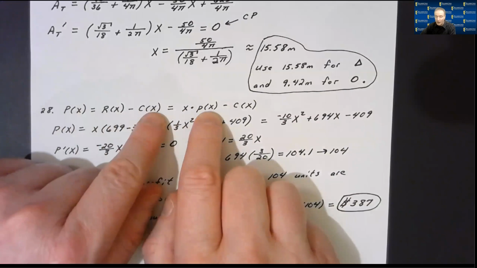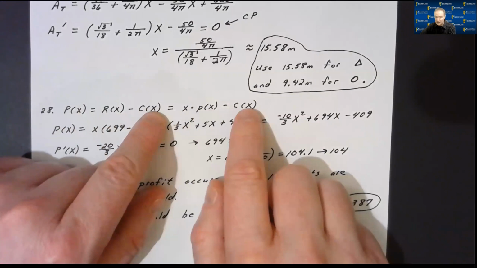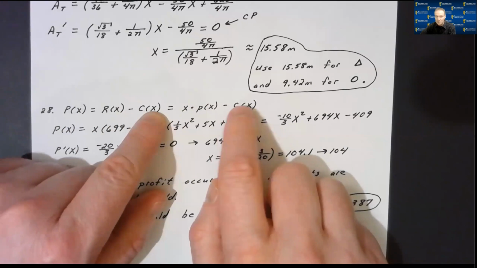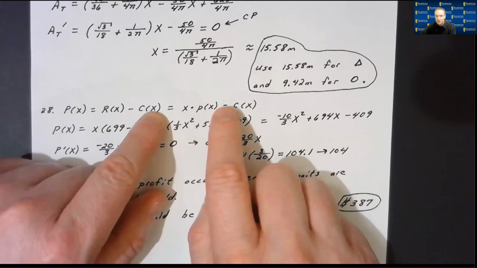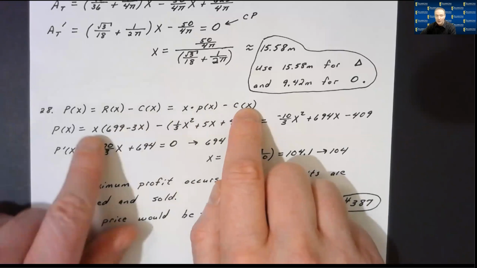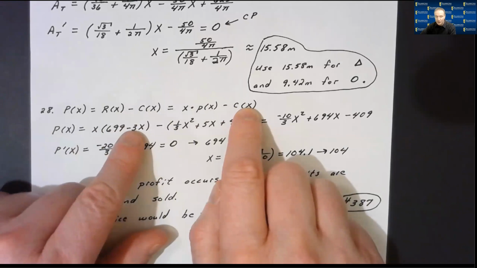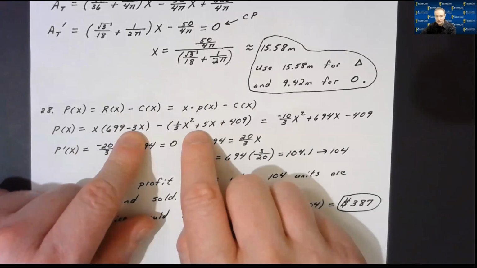But the cost function already takes into account how many items you're creating. So you don't need any x times c of x there. It's just x times the price function minus your cost function. Okay, so your profit function is x times the price function mentioned in the problem minus your cost function.